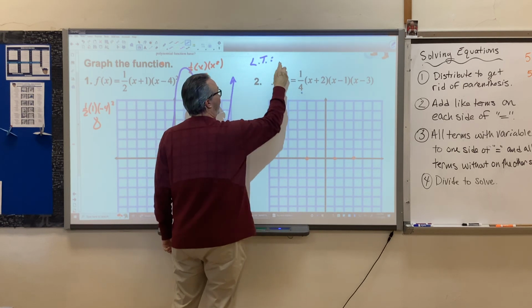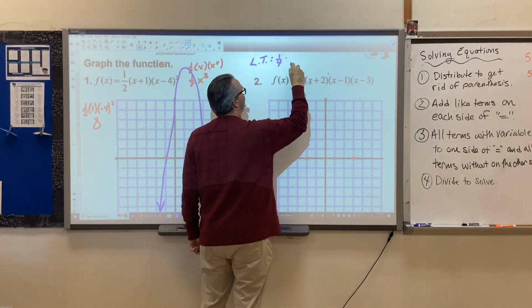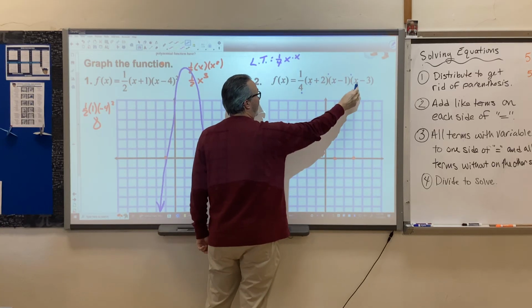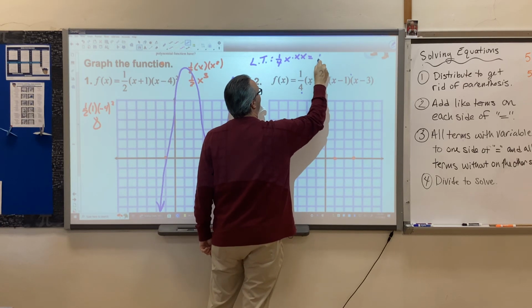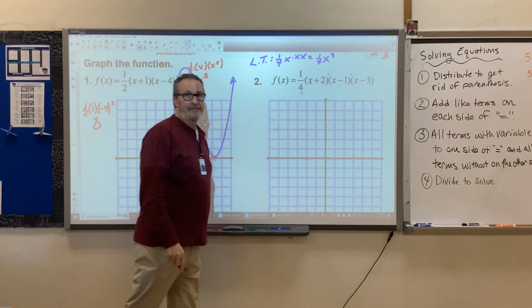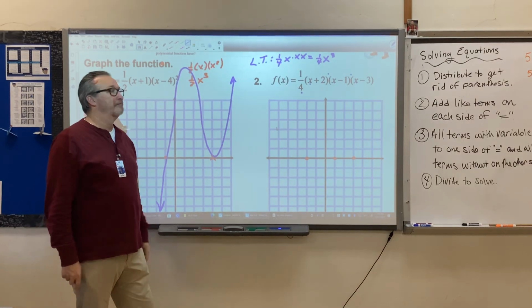This number, 1/4, times this to this power, times this to this power, times this to this power. That is 1/4 x to the 3rd. That means the right side goes up, the left side goes down.